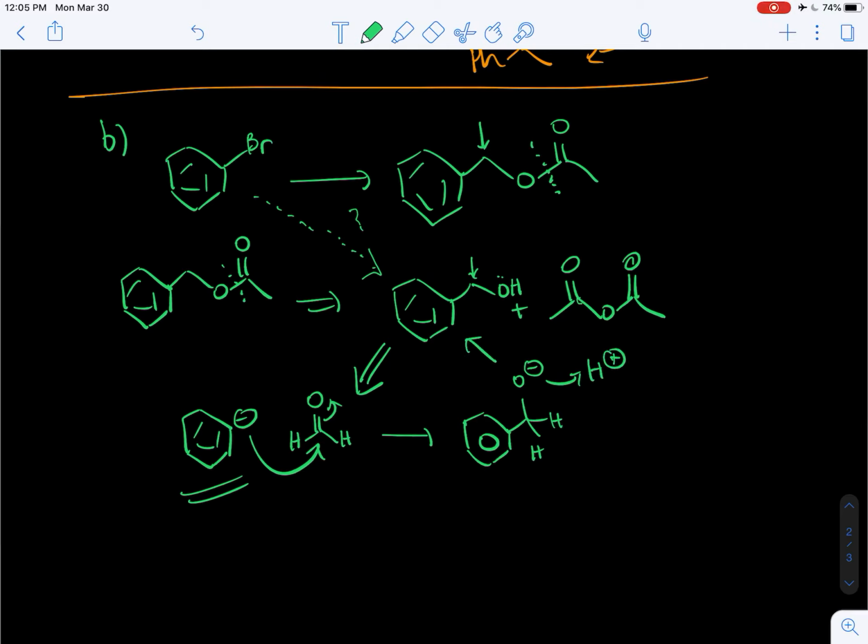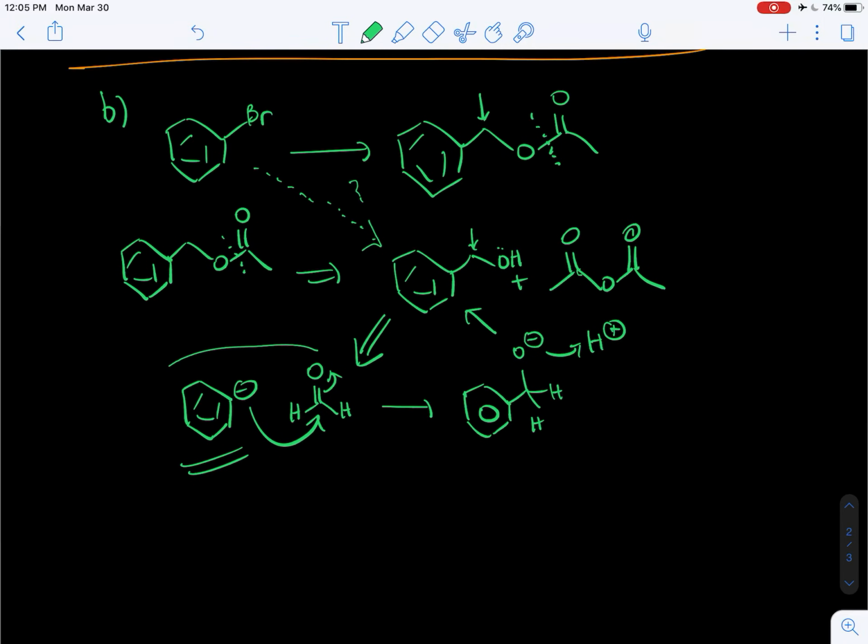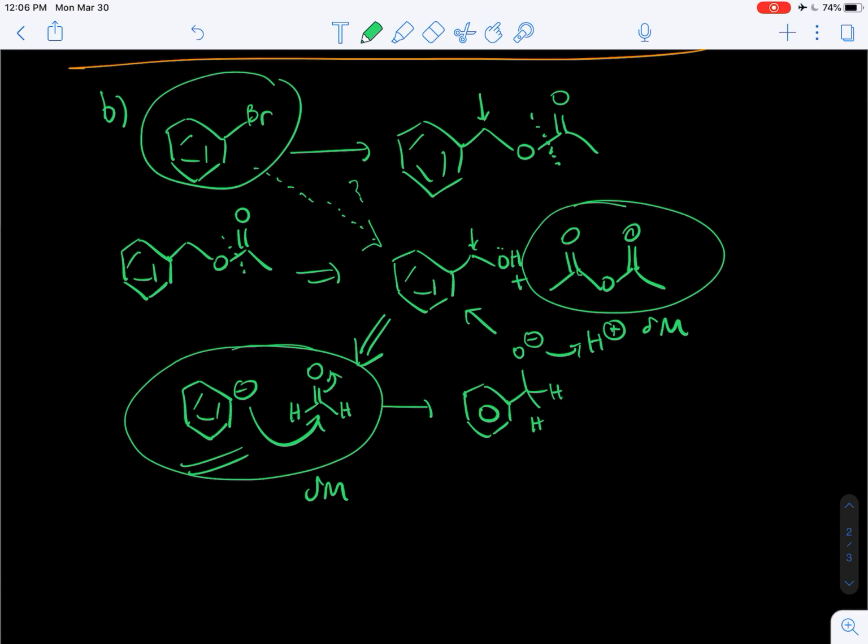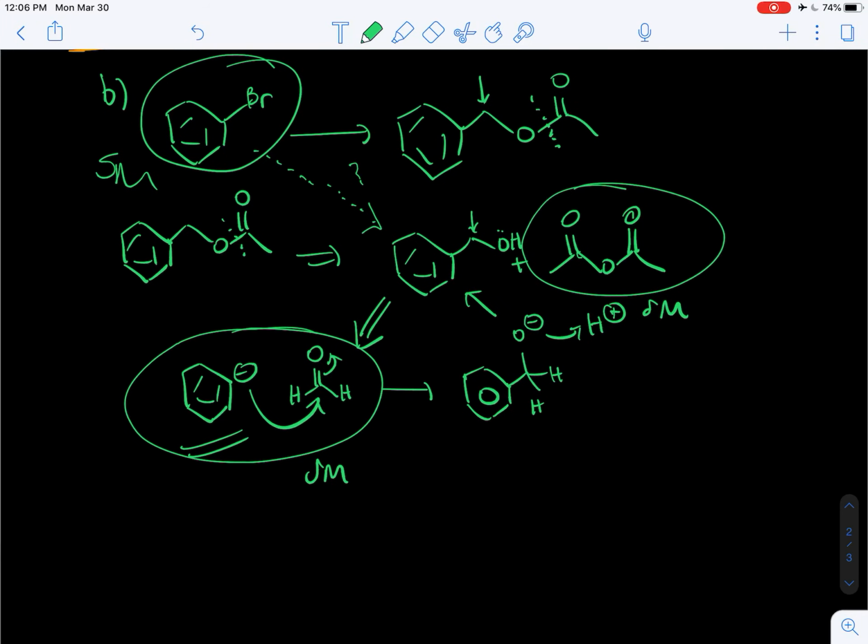And then that protonates to give you the benzyl alcohol. So I'm going to use formaldehyde and a Grignard and acetic anhydride as my starting materials. And of course, the bromobenzene given to me.